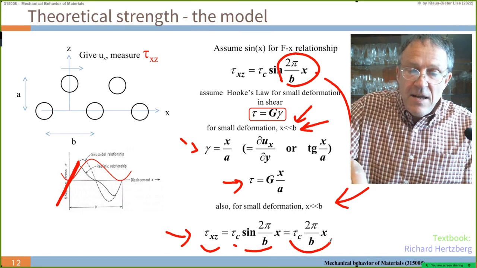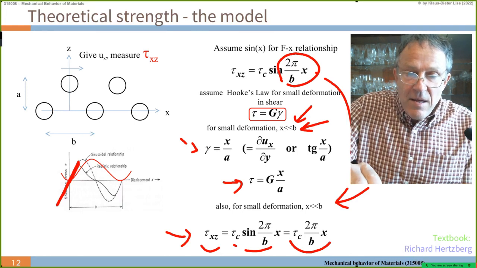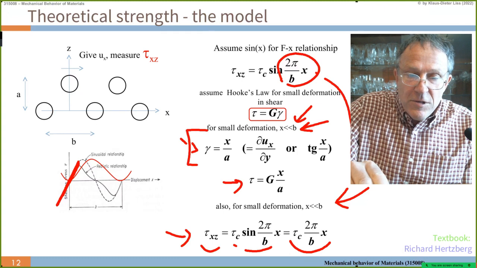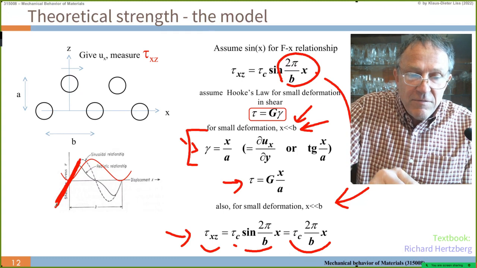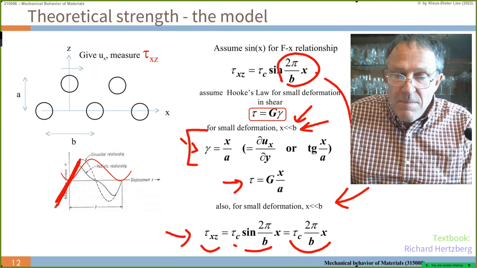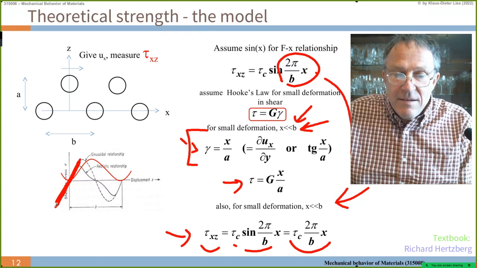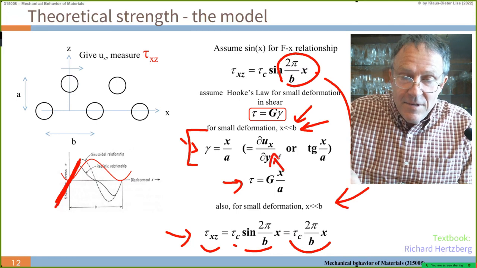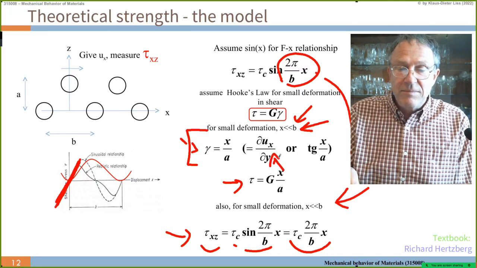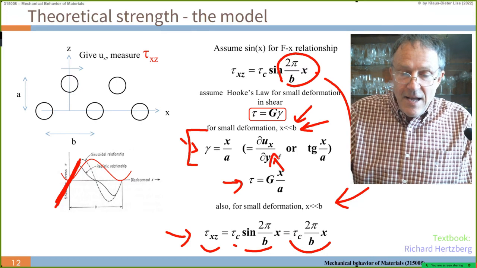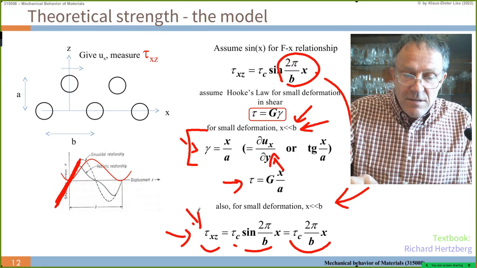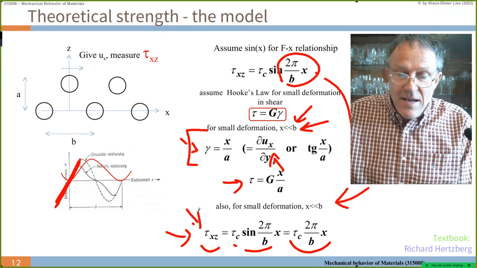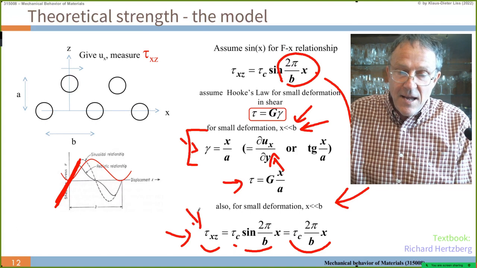So for small deformation, we have developed the slope here. x over a is the strain, the shear strain, and we have an equation for tau in the xz direction.